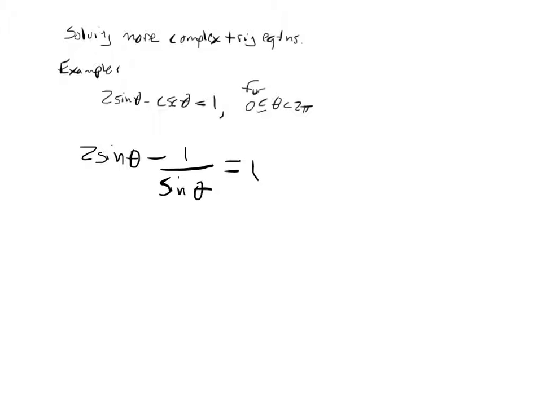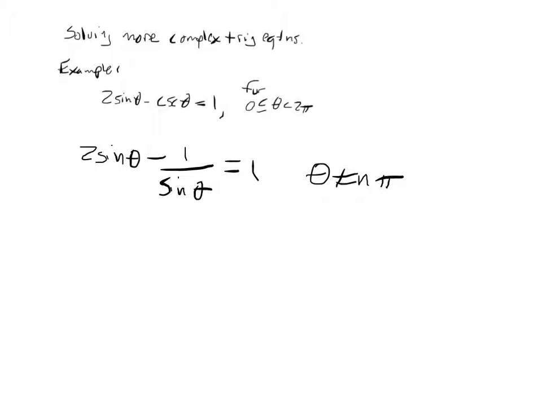If I'm looking at this equation, clearly sine theta can't equal 0. So I know theta can't be any multiple of pi, because then I would get a 0 in the denominator here and we'd be undefined. So I note, and again it might not come into play, but I certainly know that theta can't be any n pi values at this point.